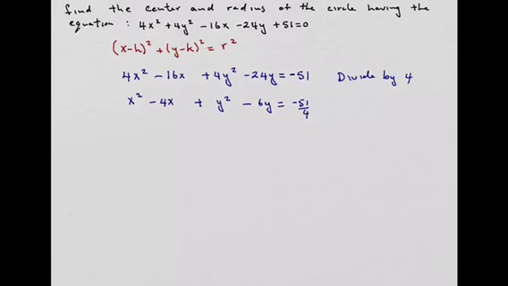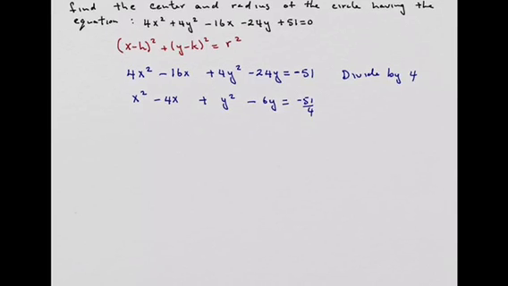And then we'll complete the square for the x's, complete the square for the y's. So that gives us x squared minus 4x, and generally we add half of b and we square it.